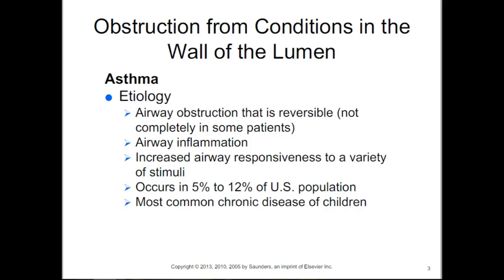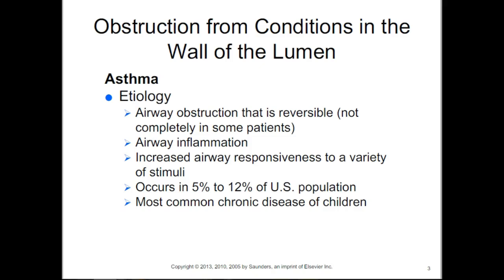The diameter of the lumen becomes smaller, and there's also an increase in mucus production. And so all of those things are going to, since there's more mucus glands and more smooth muscle that narrows the lumen, then when there is a stimuli, that smooth muscle narrows even more and really causes an obstruction.